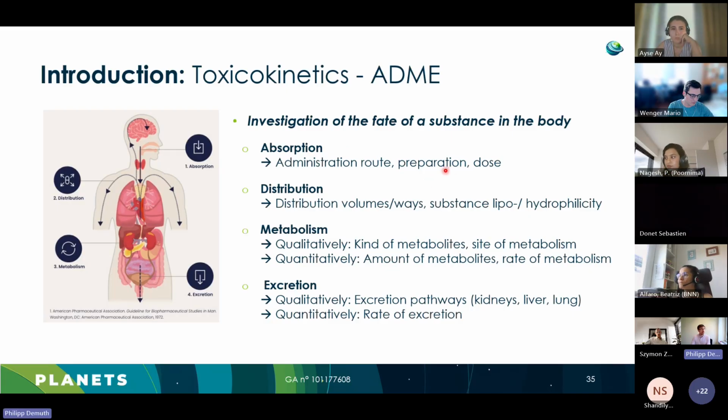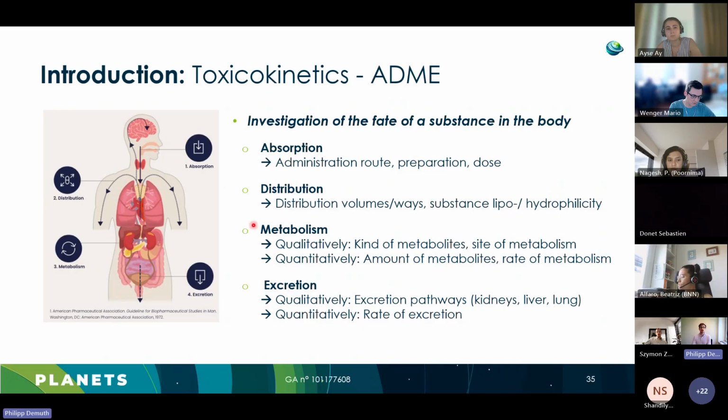For example, a compound in food might lead to different uptake kinetics than when the compound is available via drinking water. And in the end, the absorption also depends on the dose, because at a certain dose we might have saturation mechanisms that lead to a plateau in the uptake of the substance.